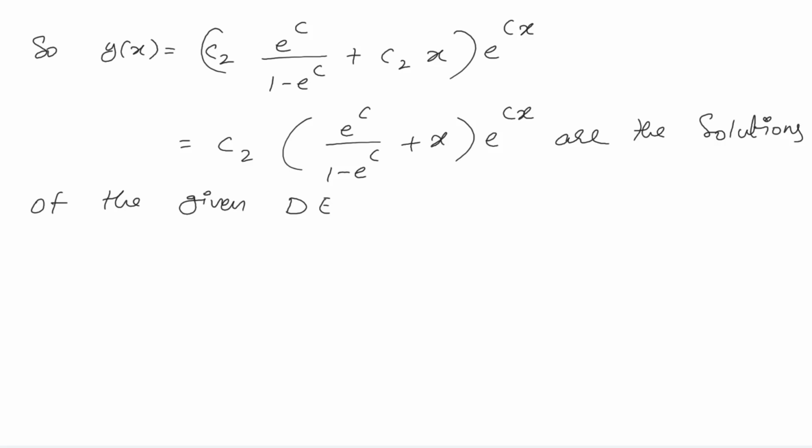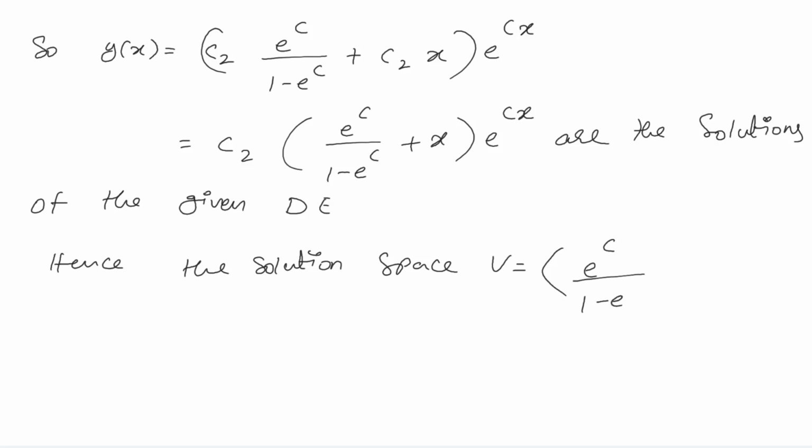And hence the solution space V is generated by the vector [e to the power of c divided by (1 minus e to the power of c) plus x] times e to the power of cx, where c is minus a divided by 2.